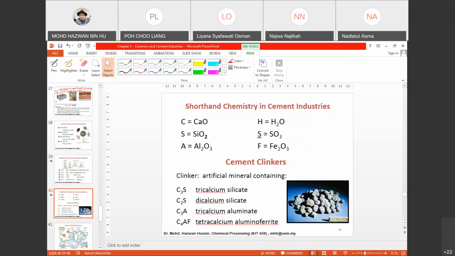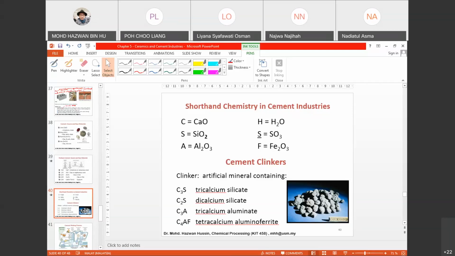And in the cement industry, there is some shorthand chemistry just to simplify the materials. We always note C as the lime, also known as calcium oxide. S is for silica, A is for alumina, H is for water or hydrated, S bar is for sulfate, and F is for iron ore.